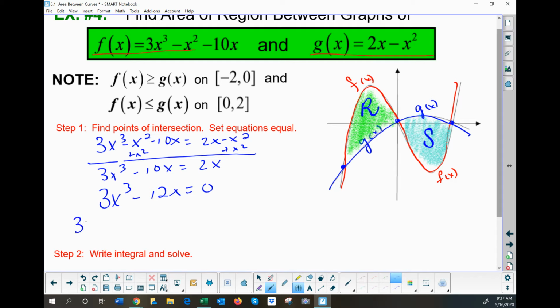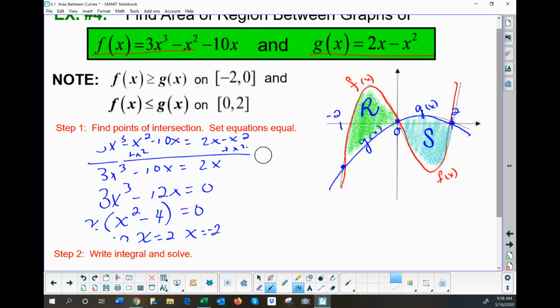Let's GCF a 3x out of this, and I should expect 3 solutions, and indeed I'm seeing 3 solutions: -2, 0, and 2. And that's going to correspond with this value being -2, that being at 0, and this one having an x value of 2.